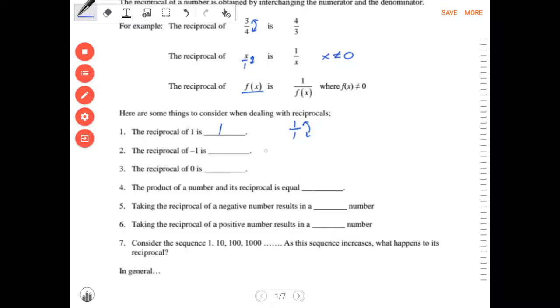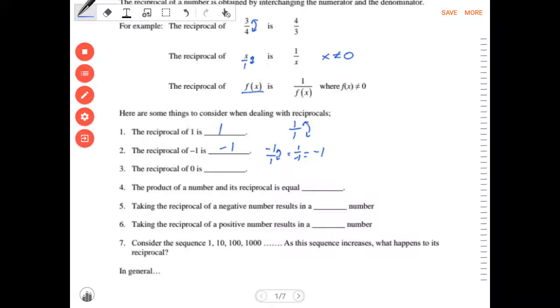The reciprocal of negative 1, with the same logic, is negative 1 divided by 1, and flipping them gives 1 over negative 1, which is still negative 1. So the reciprocal of 1 is 1, and the reciprocal of negative 1 is negative 1. Those ones stay the same.